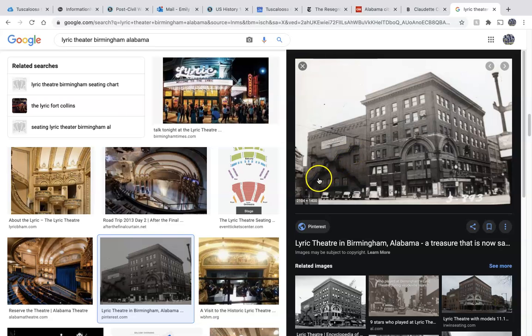This was the colored entrance to the Lyric Theater. So white patrons would go through the front doors and walk up. African American patrons would have to go through the back doors, and then they would sit on the upper levels. And that is how they attended concerts.